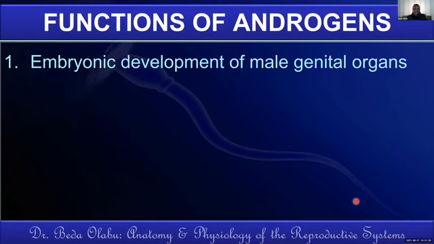Whether these organs will be male or female, it doesn't matter at this point. There's a time of development when you have embryonic structures representing development of the reproductive organ. These embryonic structures are not yet differentiated, so you can't tell whether it will form male structures or female structures. That's what we call the indifferent genitalia. So androgens act on the indifferent genitalia to cause what we call virilization.